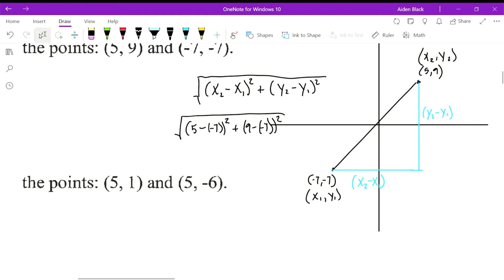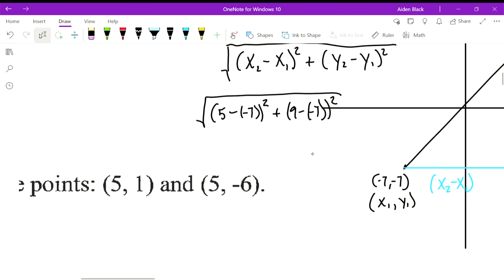What is 5 minus -7? That's just 5 plus 7, right? So we get 12 squared plus 9 plus 7 is 16, right?